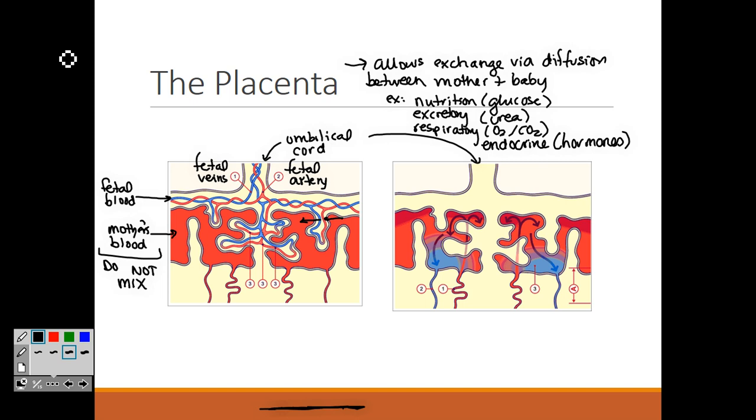Now there's one particular hormone that's being produced in the placenta. It is called HCG. It's one of the ones that's on your data sheet. HCG stands for human chorionic gonadotropin.